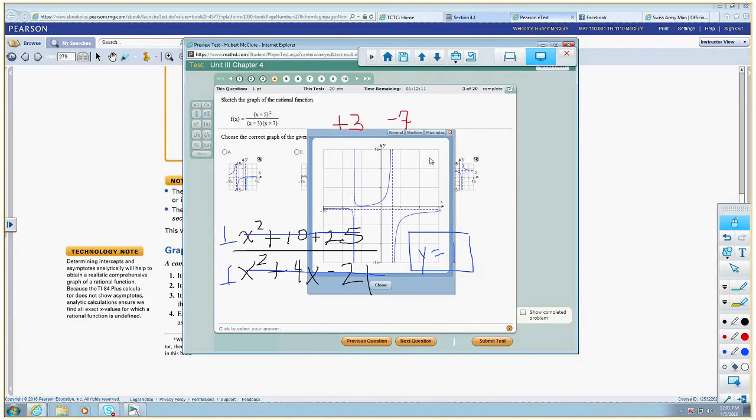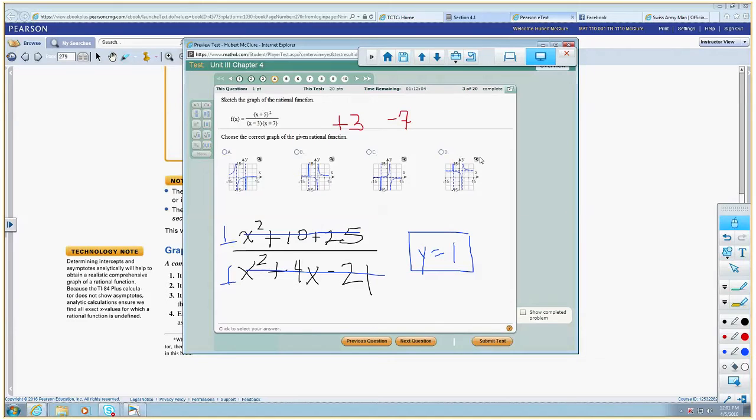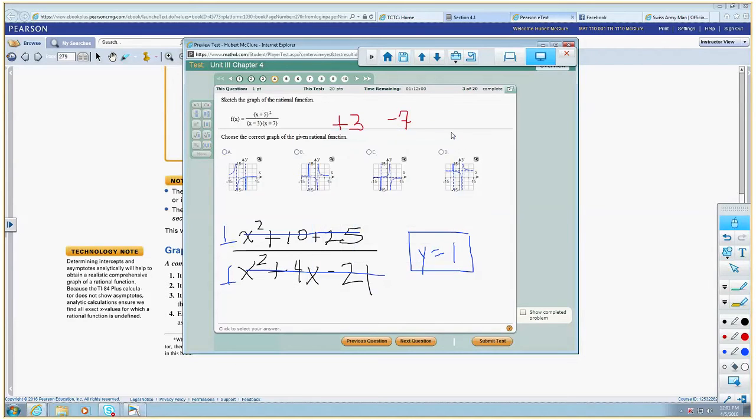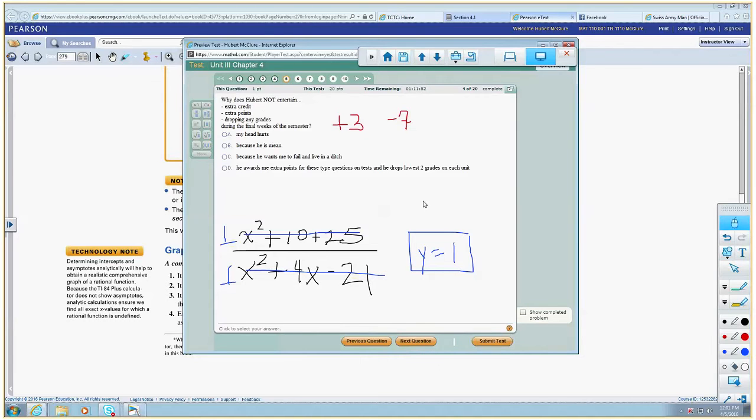This one? Nope. And this one. So which one is it? B. Because you know your vertical and your horizontal asymptotes. D.